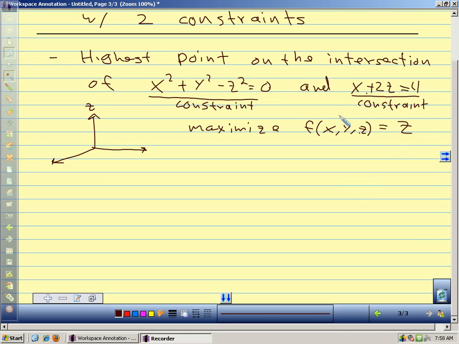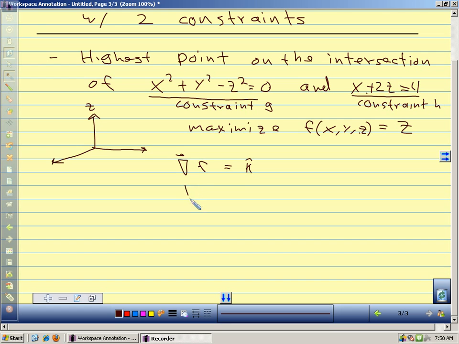So we set up our Lagrange multipliers. Del f is just going to be k. I'm going to call this function g and this constraint h.